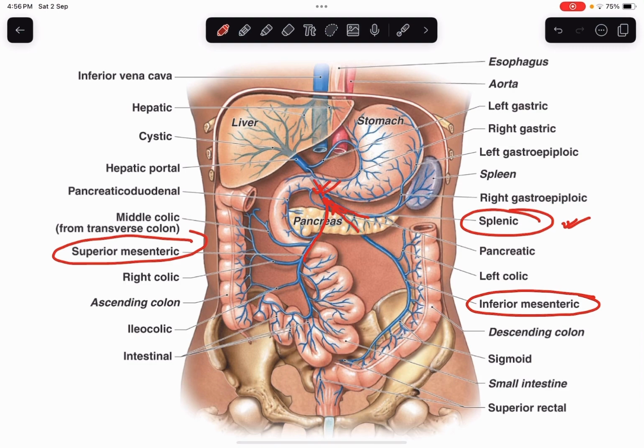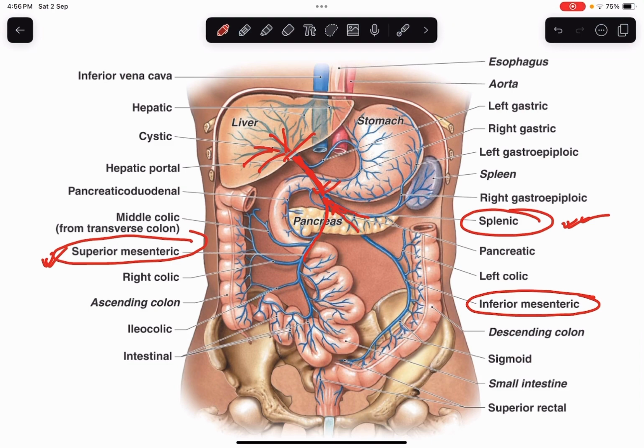Once the portal vein is formed by the confluence of the splenic and superior mesenteric vein, it will enter the liver. It will get divided into various branches, and the small branches ultimately drain into the hepatic sinusoids.